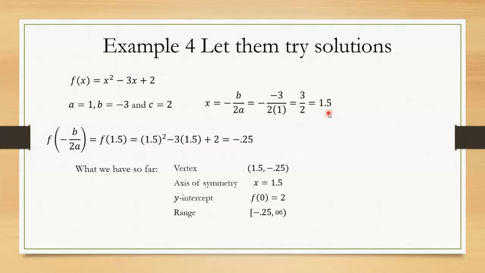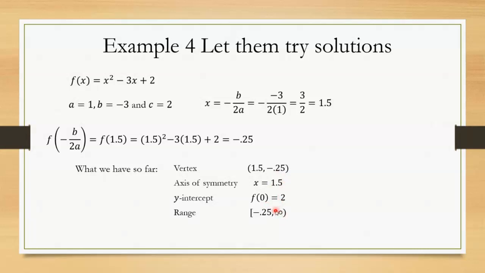Okay. Now, what about the y-intercept? Well, that's what f of 0 is, which in this case turns out to just be 2. Now, notice that a is positive. So in this case, the range is going to go from the y coordinate of the vertex to infinity.